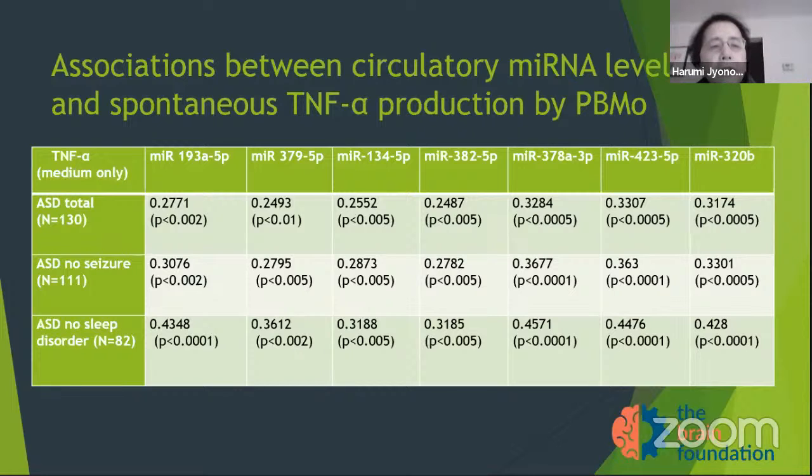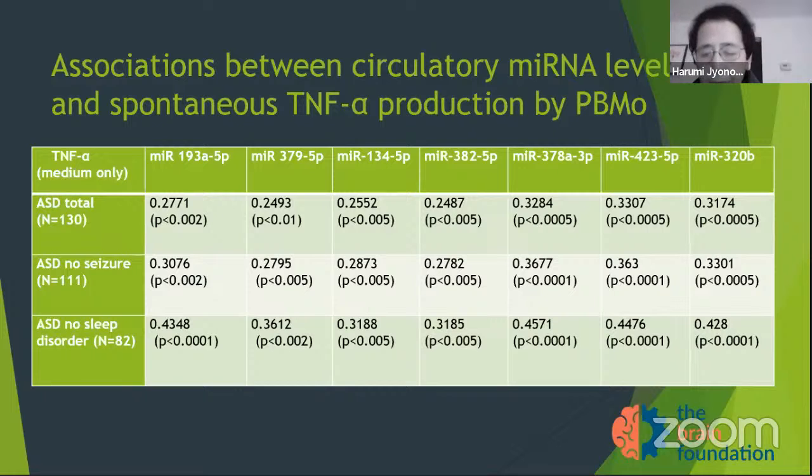The p-values shown are the result of the Spearman test, but we obtained essentially similar results with the Kendall tau test as well. So essentially a pretty good association, especially when we looked at ASD without sleep disorders.